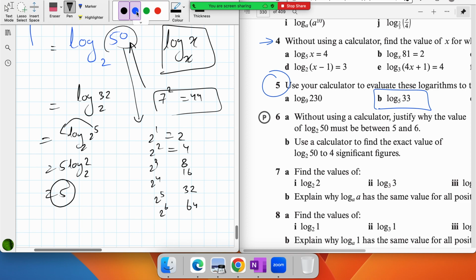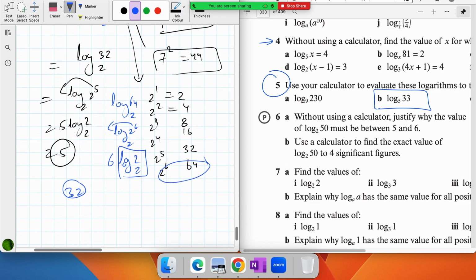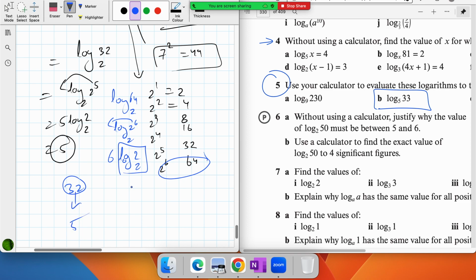And if it would have been 64, so log of 64 to base 2 makes it log of 2 power 6 to base 2, and taking this 6 out, log of 2 to base 2. So 32 makes it 5, and 64 makes it 6. So definitely 50 would be in between 5 and 6.